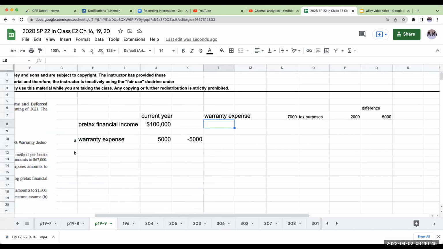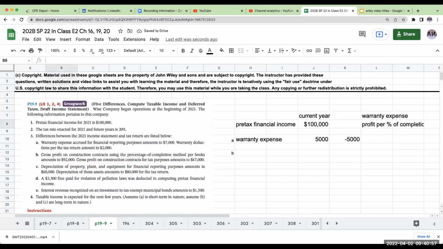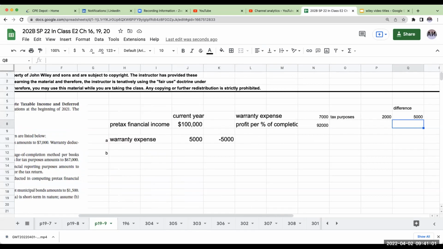But for tax purposes, it's only 67,000. Over here, I showed income of 92,000 when I was coming to this 100,000, but for tax purposes, I'm only going to have to show 67.